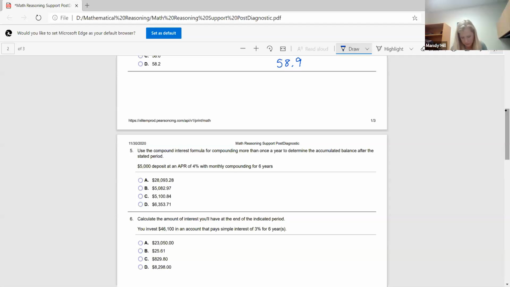So, compound interest formula, and this is going to be $5,000 deposit, APR of 4%, and we are compounding for 6 years.